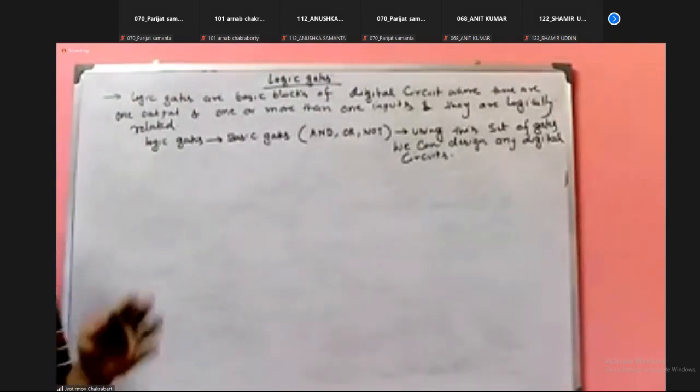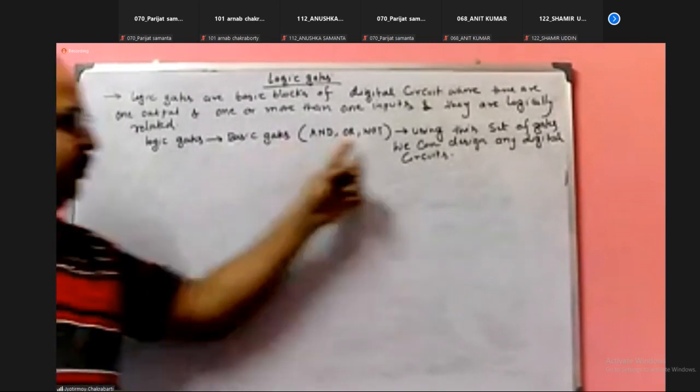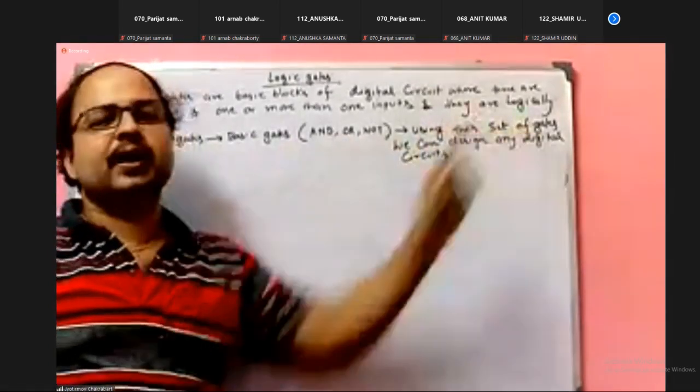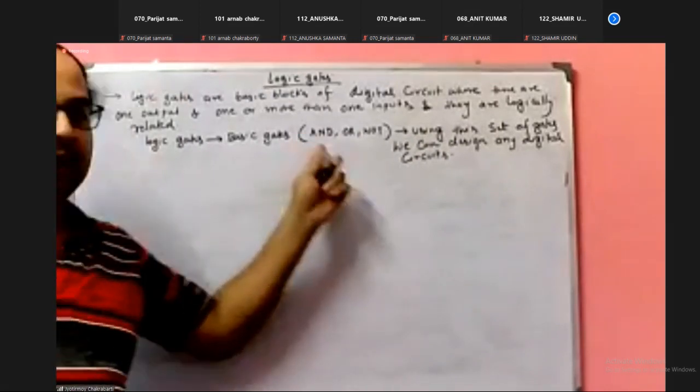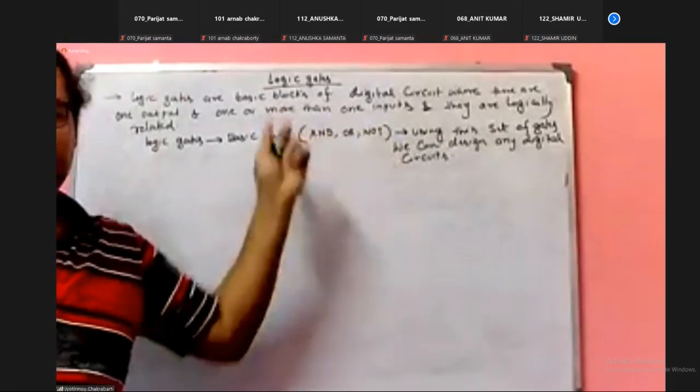Don't be confused: set of gates means not one gate, but using this set.